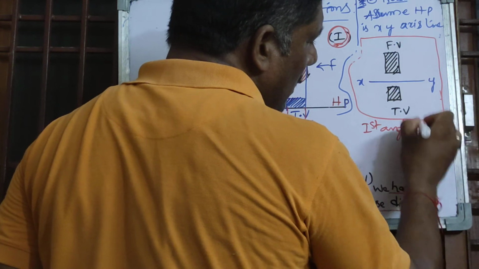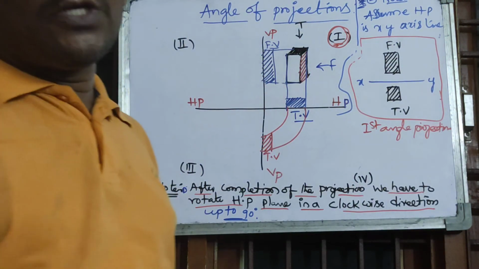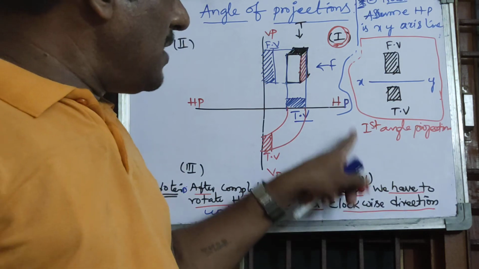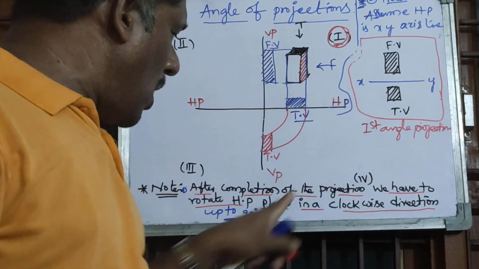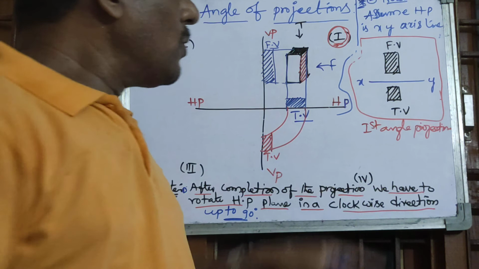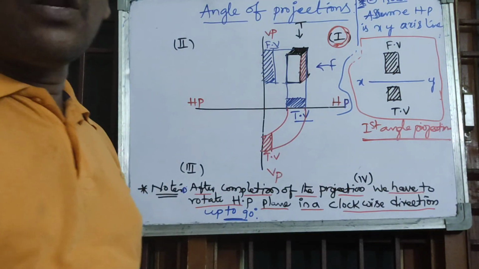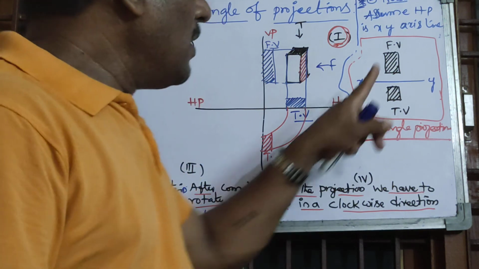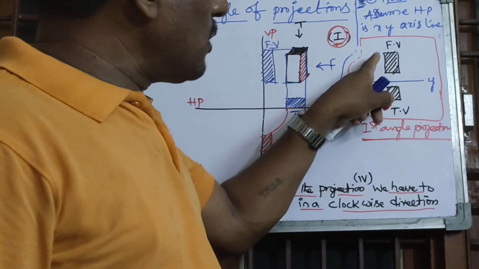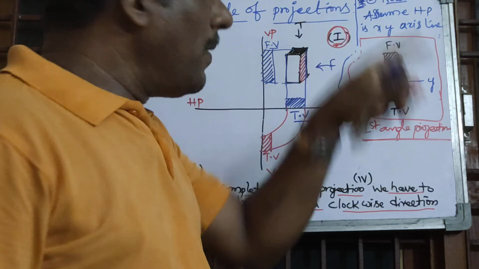Okay, now got it? We have 4 angles of projection. If the object is in the first quadrant and you follow this rule, this is the first angle projection. In first angle projection, above XY front view comes and below XY top view comes.